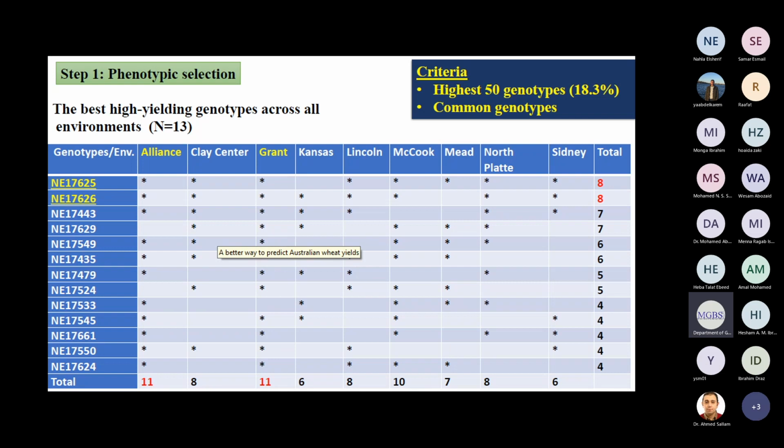And we have some genotypes that were among the highest 50 genotypes in 4 locations. Please keep this in your mind, genotypes 25 and 26, because from the phenotypic data, they are among the highest 50 genotypes in 8 locations. But you will change your mind in the next slides.